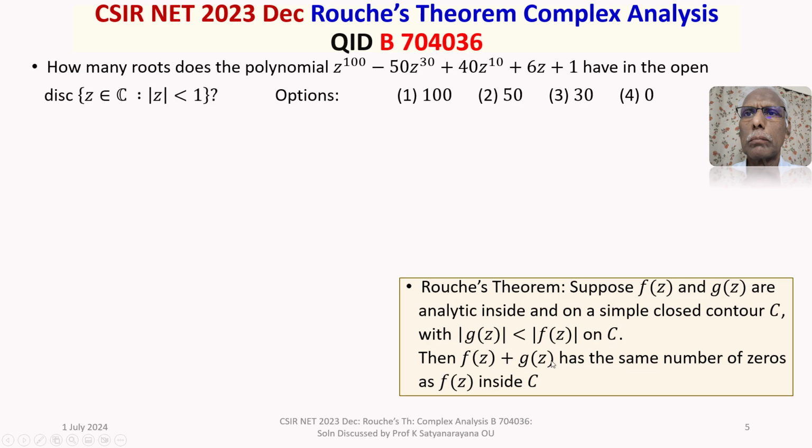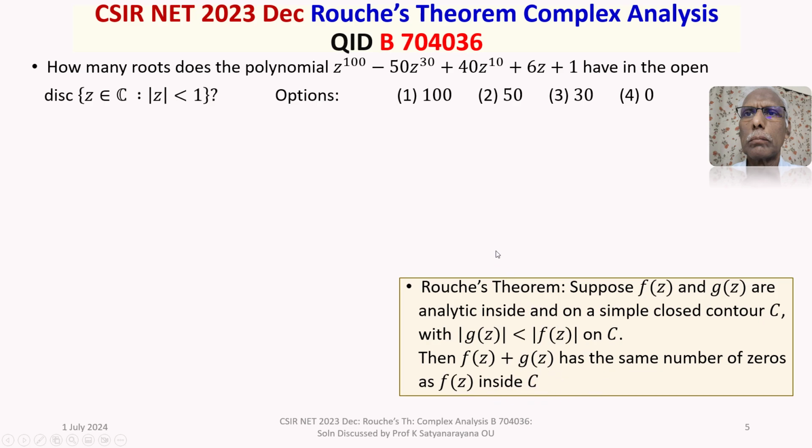So the number of zeros of f of z plus g of z is the same as the number of zeros of f of z inside C. Zeros means roots.